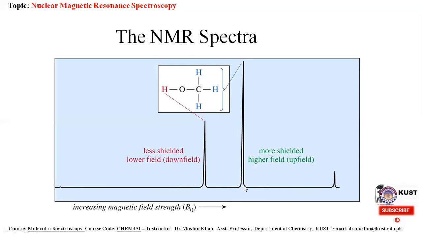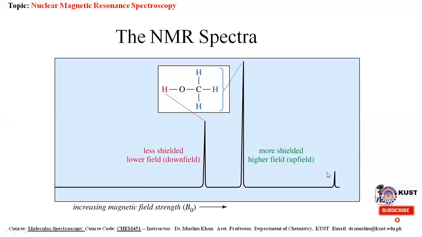This is the signal for these 3 protons, and here it is more downfield because this is the deshielded proton, because of the electronegative element attached to it. So this is the signal for a single proton, and this is the signal for 3 protons.